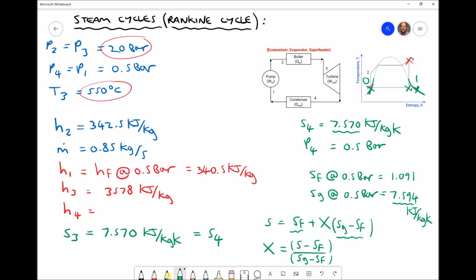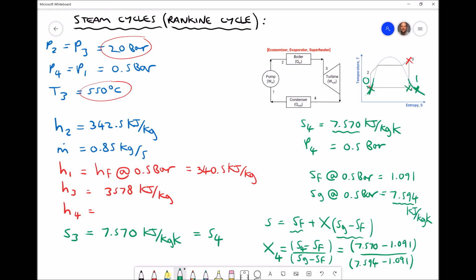Now, the other thing we know here is that we're trying to determine the dryness fraction at position 4. Therefore, this value of S needs to be for position 4. We have all of our numbers here. We have 7.570 minus 1.091 for SF, divided by 7.594 minus 1.091, giving us a dryness fraction for our steam at position 4 equal to 0.9963 to 4 decimal places.